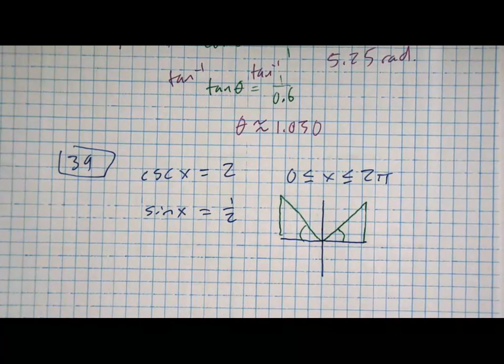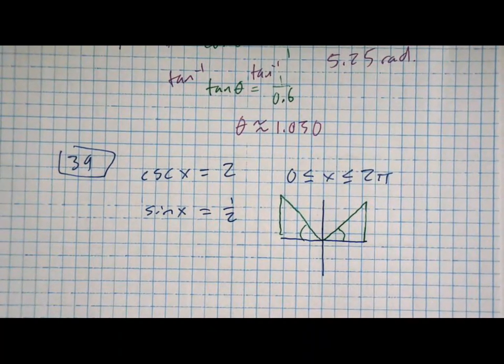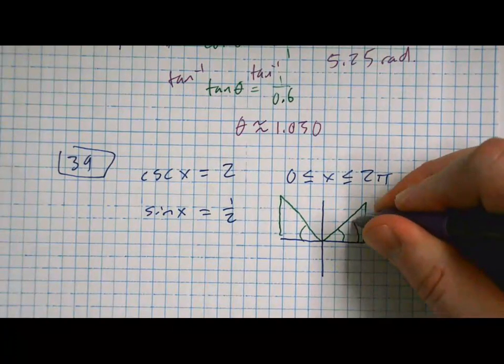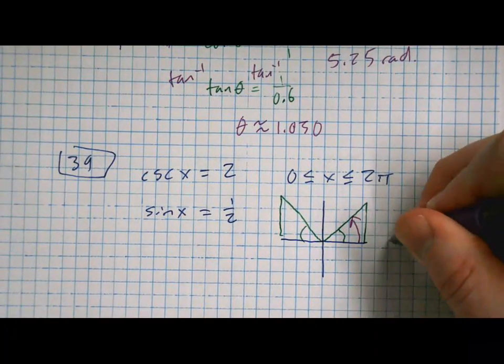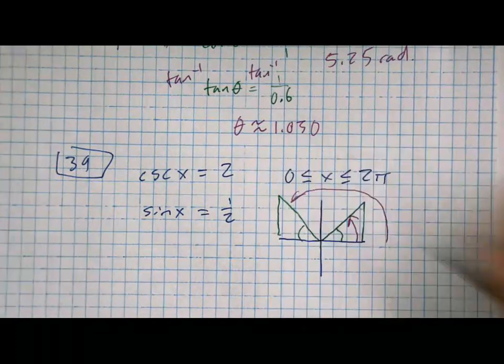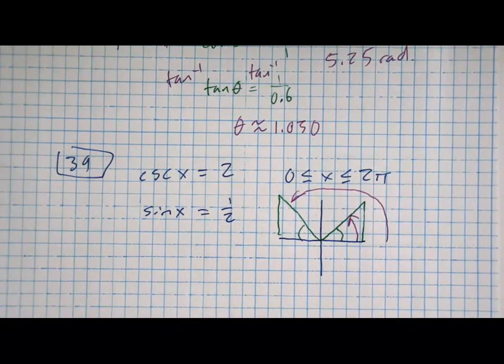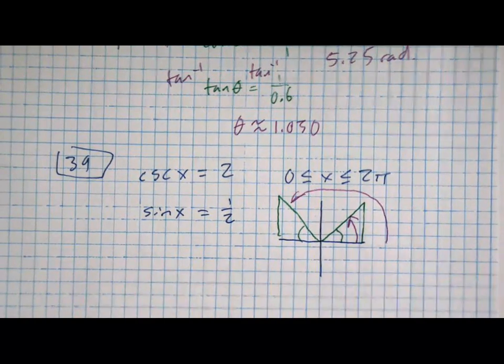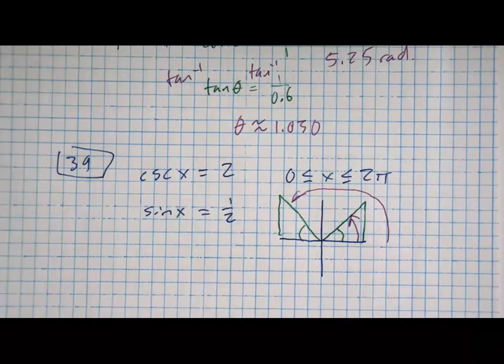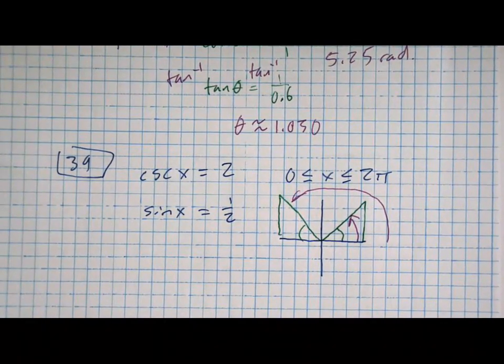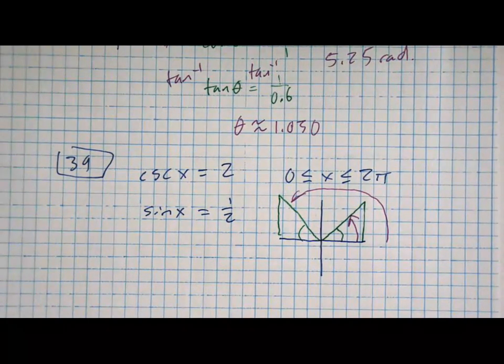One of my answers is going to be the same as the reference angle, and the other one I'm going to have to do 180 minus whatever that reference angle is to find it. So those are going to be my two values for x.